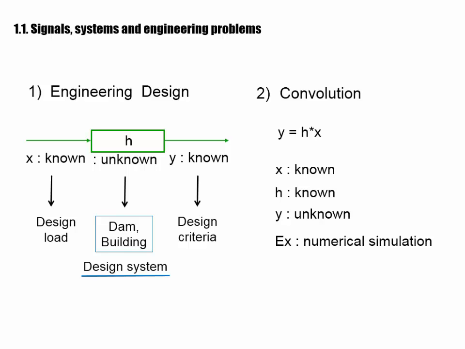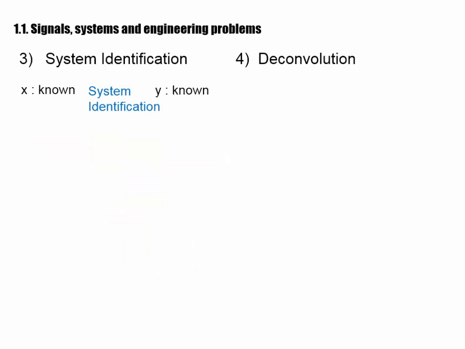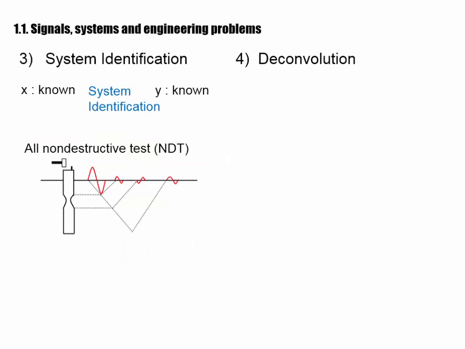So that's the convolution problem. And system identification, as we talked before, so you have a pile of this, and you want to find out the shape of this pile, or the drilled shaft, right? And so you hammer, hit the head of the pile using the hammer, and you measure the reflective wave, maybe at the ground, and this is the output, and this is the input, and you're identifying this pile shape, right?